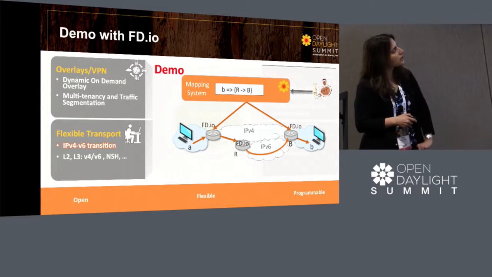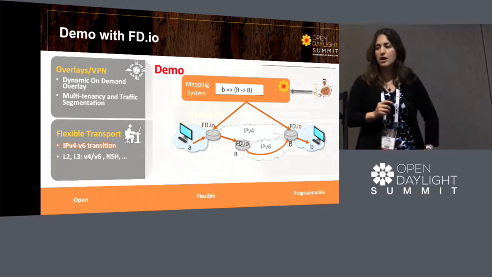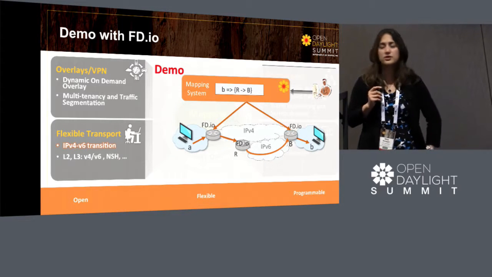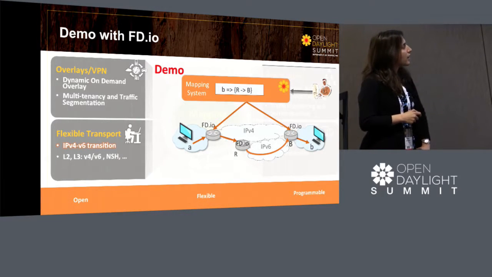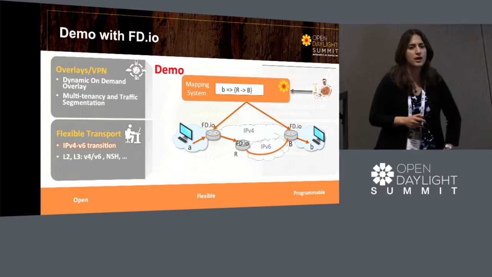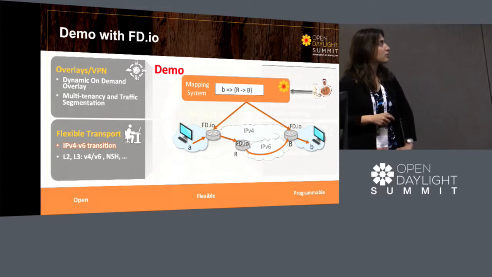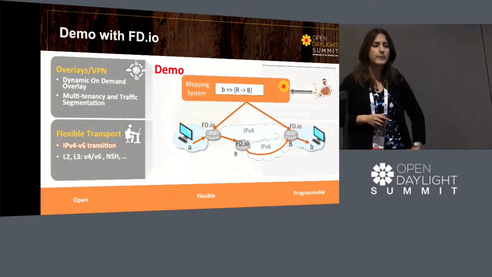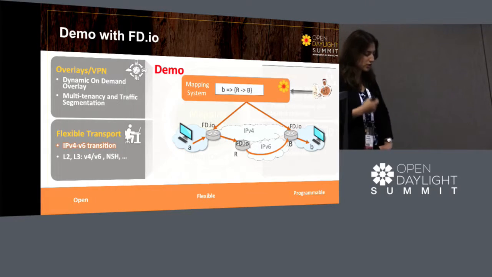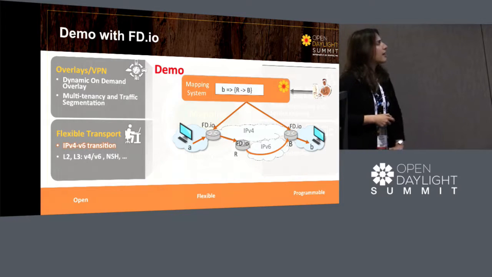And actually, this is the demo scenario that I wanted to share with you. In the demo scenario, we're using the FIDO platform, and we'll enable a project called Overlay Network Engine on it.